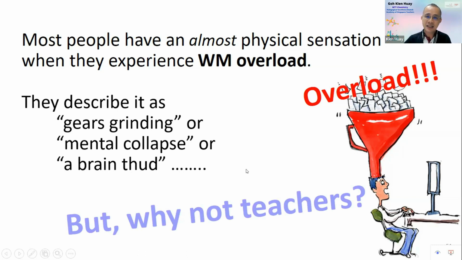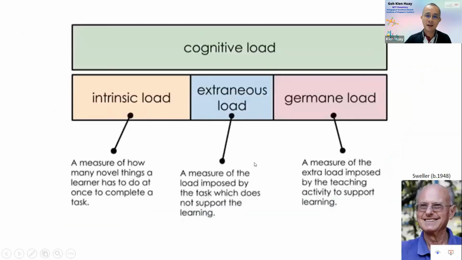So what makes up cognitive load? Cognitive load is made up of three loads: first, intrinsic load, extraneous load, and germane load. You can read for yourself, really, what is intrinsic load? Basically, it's how complicated the topic or task is. It is dealing with the information that needs to be processed, for example, the number of elements that must be simultaneously processed in the working memory and their interaction with each other.